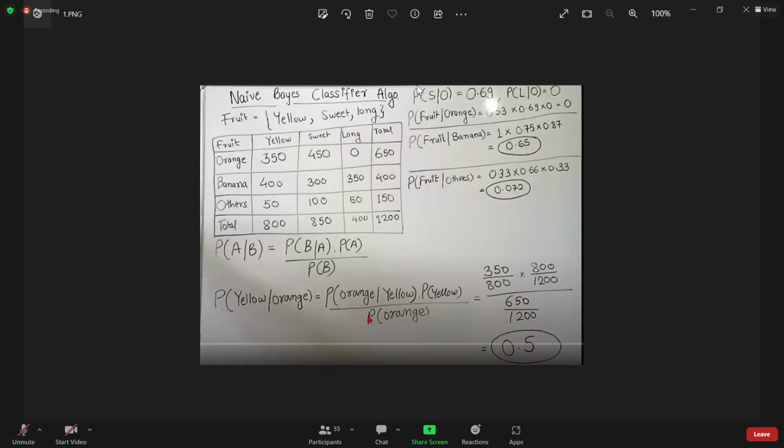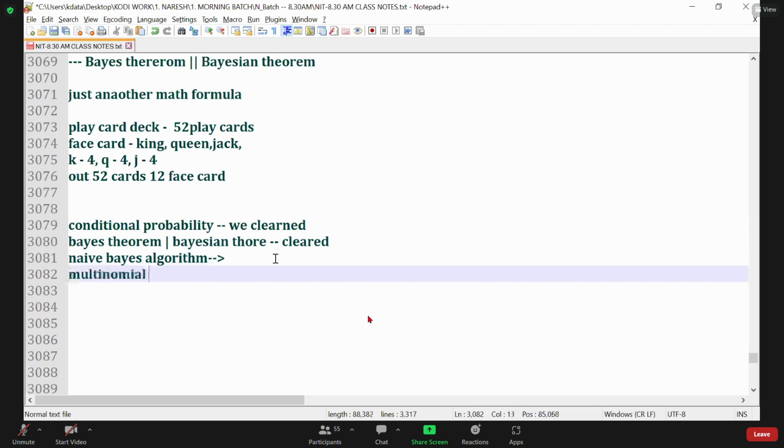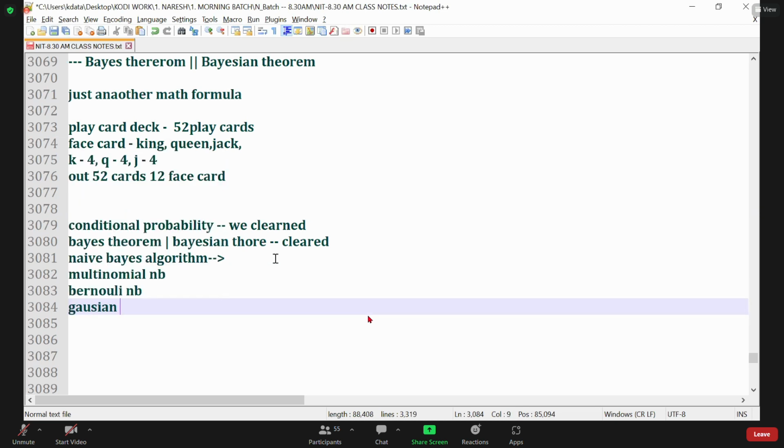Are we clear or not? Everybody's clear? Yes, guys. Today we understood the mathematics of Naive Bayes. Tomorrow I will share the variants of Naive Bayes: multinomial Naive Bayes, Bernoulli Naive Bayes, and Gaussian Naive Bayes.